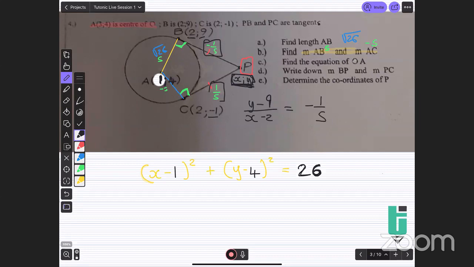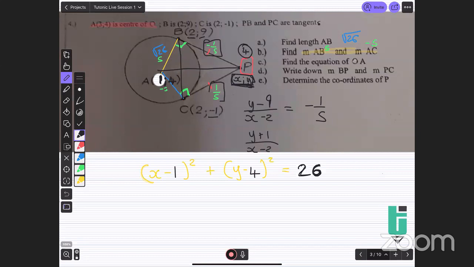Do you agree? And PC's gradient is (y plus 1) over (x minus 2). Oh wow, this is actually on the same x point. I wonder if that means this is going to be halfway. It's a kite. Maybe. I think P is 4. Let's wait and see.